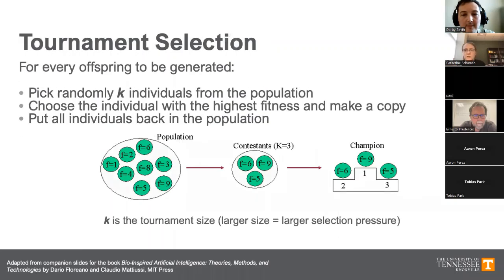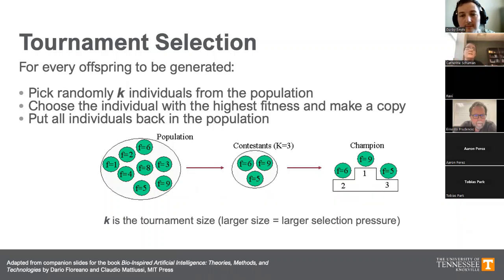So one of the more popular and robust selection approaches that's used in evolutionary algorithms more broadly is called tournament selection. And what happens in tournament selection is for every offspring that you are going to need to generate, you pick a tournament from your population. So you pick a fixed number of individuals. In this example, we're showing 3 individuals or contestants that are going to participate in your tournament.